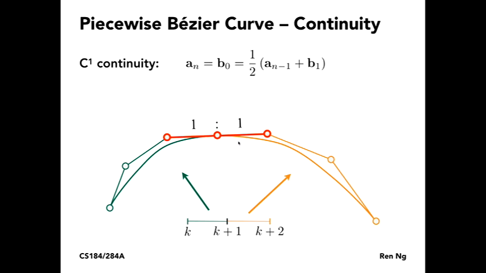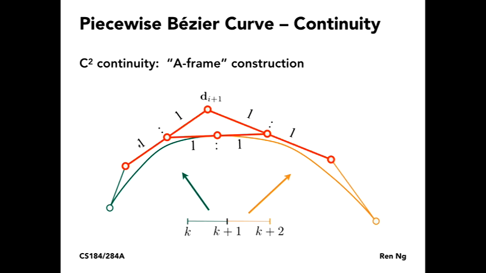The third thing is that maybe C1 continuity is not enough. Maybe you want a continuous second derivative, a little bit smoother, and you could show that to achieve that, you need this geometric construction, which is sometimes called an A-frame construction.